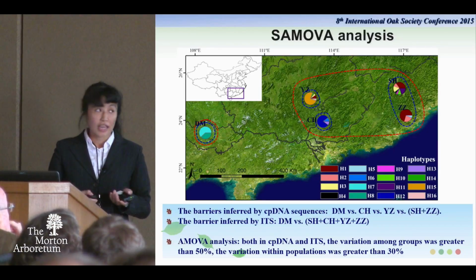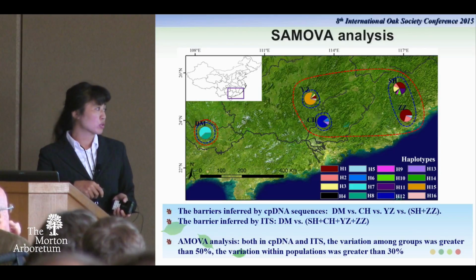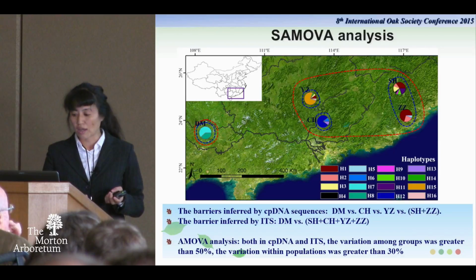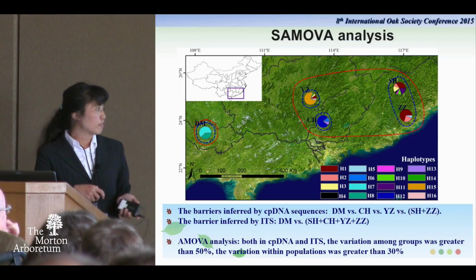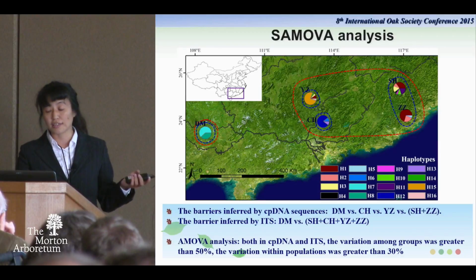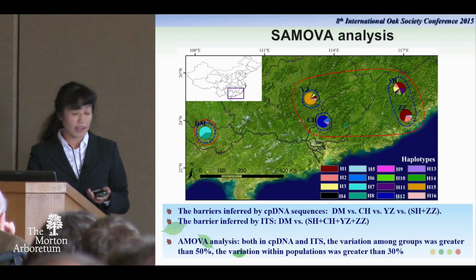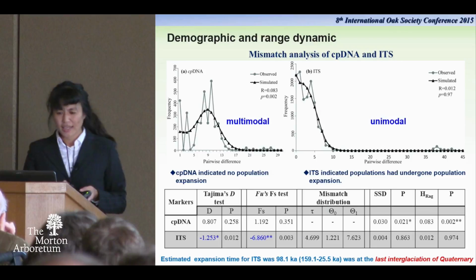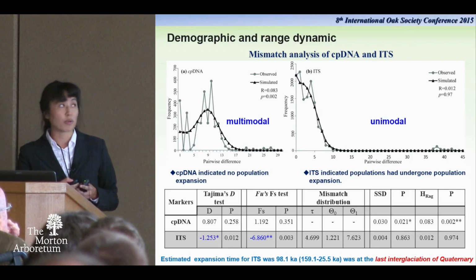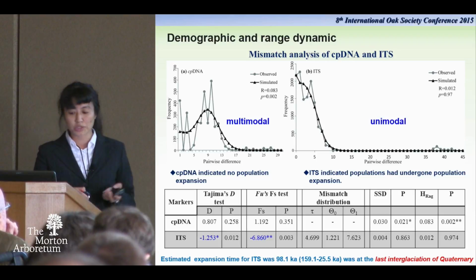We can also find that for both chloroplast and nuclear DNA, the variation among the groups is greater than 50%, and the variation within populations is greater than 30%. It's very high already. And we did another analysis on the demographic range dynamics.